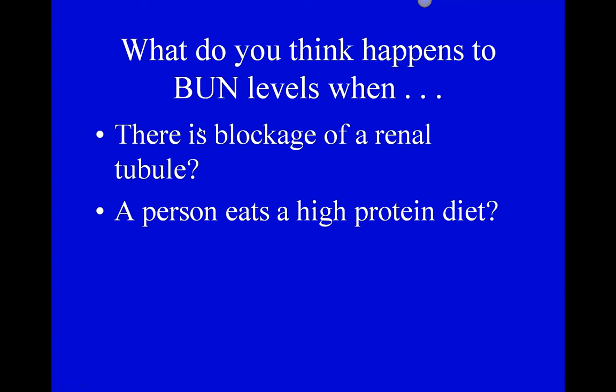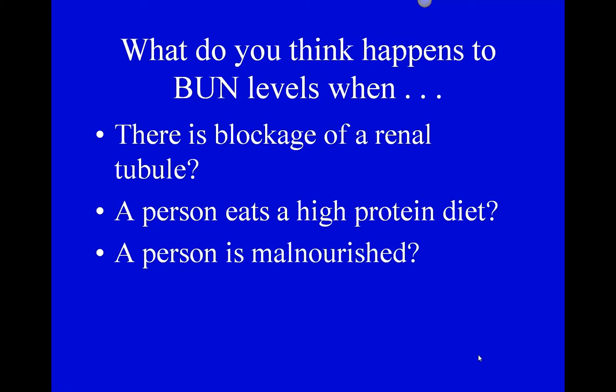What do you think happens to my BUN levels? They do go up when I eat a high protein diet. And that makes sense. We said your BUN could increase when there's problems with the system, with a blockage in your kidneys, or your kidney isn't working, or kidneys are not working. It could also happen because there's increased amount of waste product, that you ate a lot of protein.